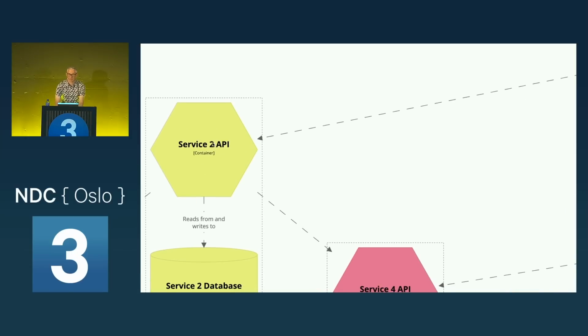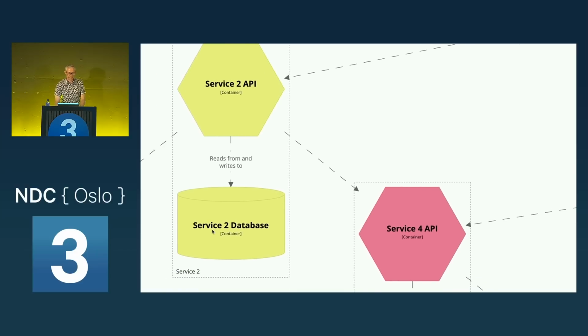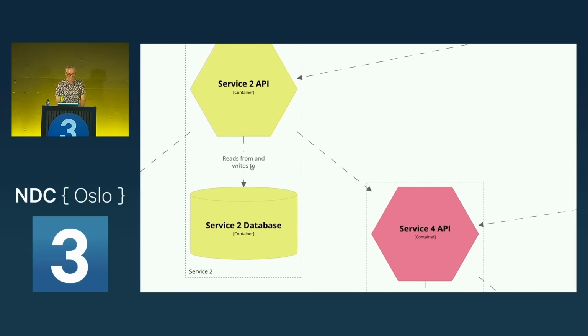It's maybe like an ASP.NET MVC API thing talking to a SQL Server relational database schema. So maybe those two things are what we mean by a microservice. So what this diagram is showing you is essentially all of the API things and all of the database things, and I'm using this grouping to say this pair of things is service 2 in this case.